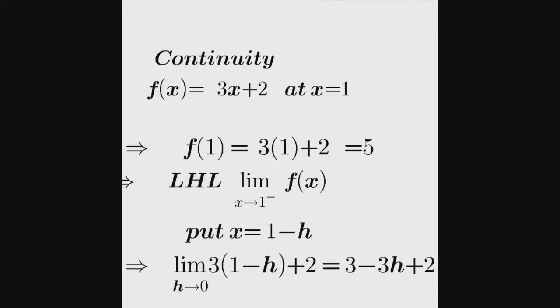Now check the left hand limit. In the left hand limit we use x equals 1 minus h. Now the function becomes limit h tends to 0 of 3 times (1 minus h) plus 2, then we have 3 minus 3h plus 2. Then applying the limit h equals 0, the left hand limit is equal to 5.